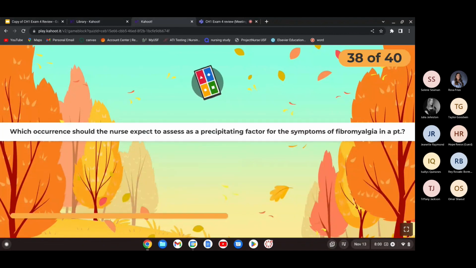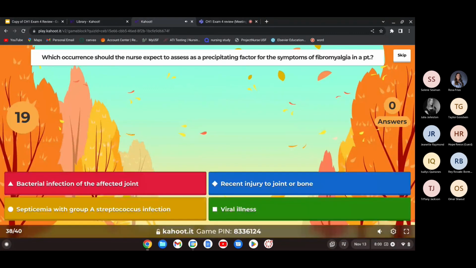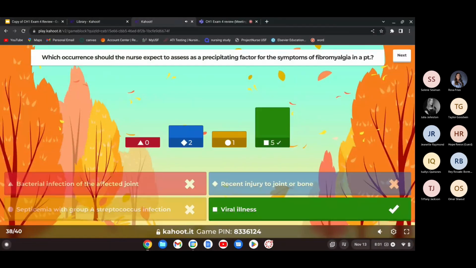Which occurrence should the nurse expect to assess as a precipitating factor for the symptoms of fibromyalgia in a patient? Awesome job, guys. Viral illness.